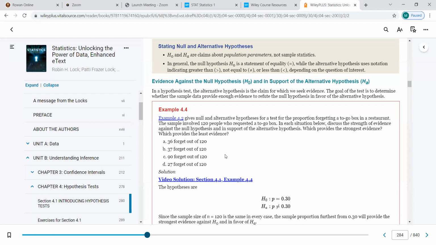Now, going back to that analogy with the criminal trial, if the prosecutor has done a really good job, right, to present the evidence to reject that the person is not guilty, then there's a good chance the jury will come back with a guilty verdict.